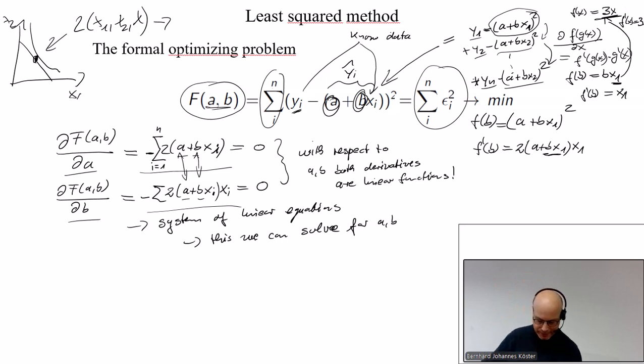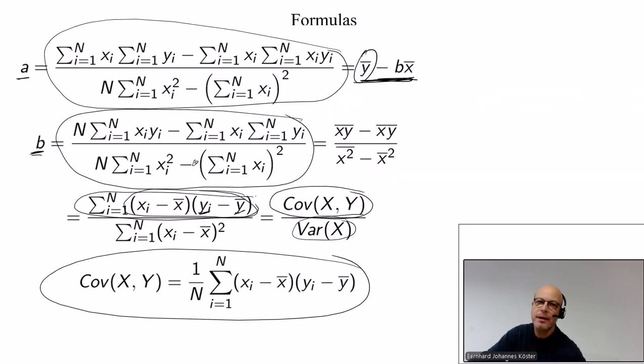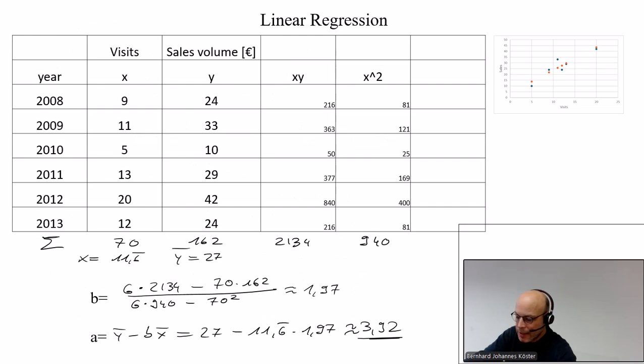Well, and in the end, the outcome looks quite complicated, but it's just a formula for A and B. And then applying these formulas, we can calculate the best line with respect to the condition of the minimum of the squared distances.